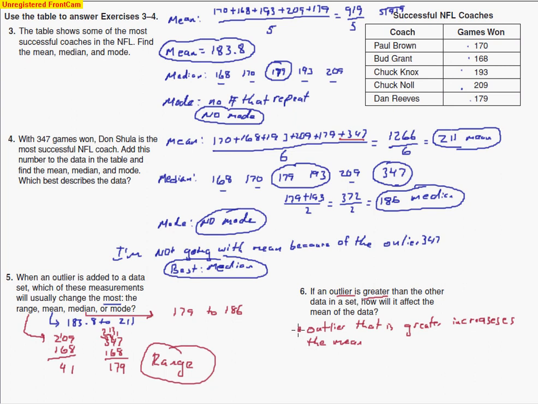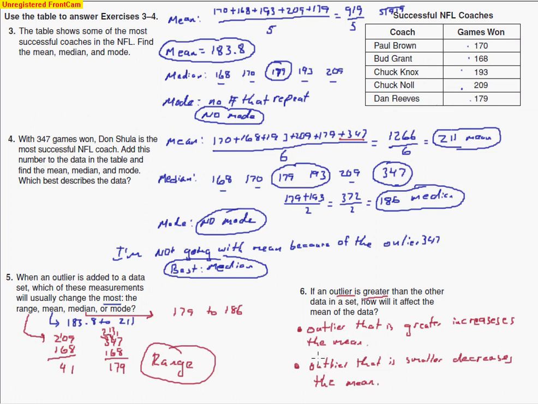So that's the answer for this, but let's just say the outlier is smaller or less. Instead of increasing the mean, it's going to do the opposite. An outlier that is smaller decreases the mean.